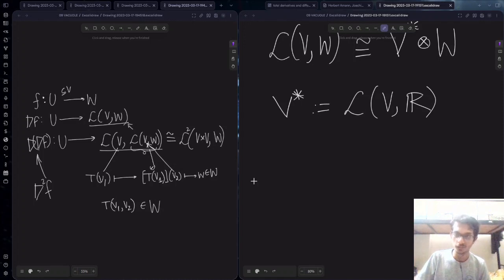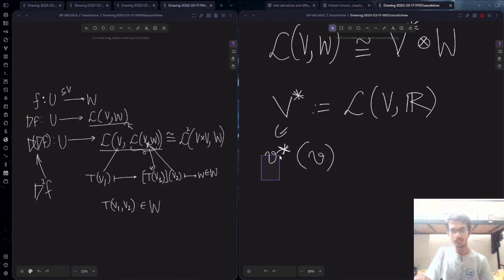What does an element of V star do? An element of V star takes some vector v and maps it to some real number.